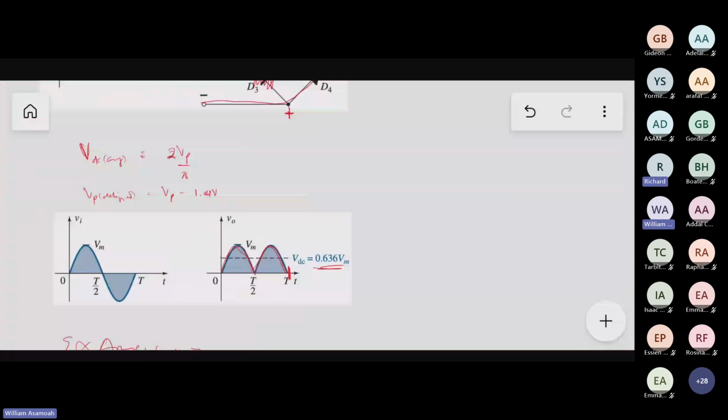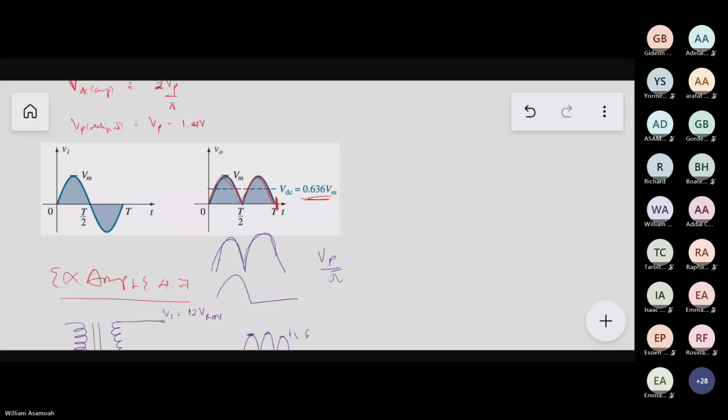You get it? Then the half wave is like this. So if one of these is V peak over pi, then 2 of these will be 2 V peak over pi. Okay. Thank you. You're welcome.